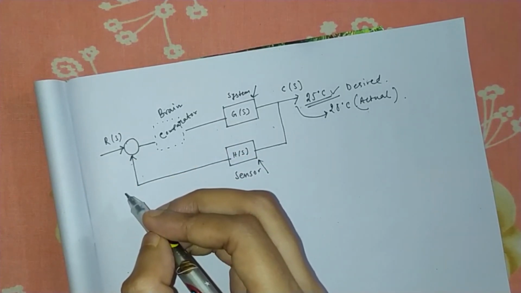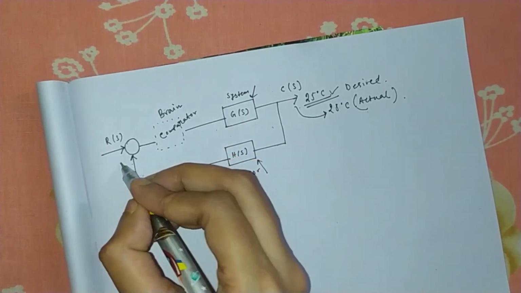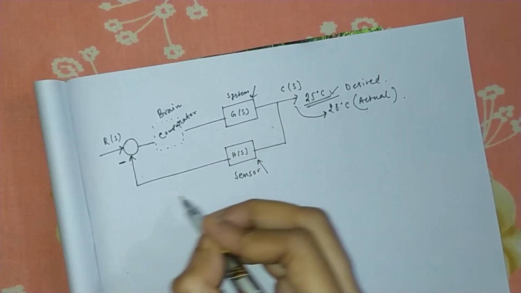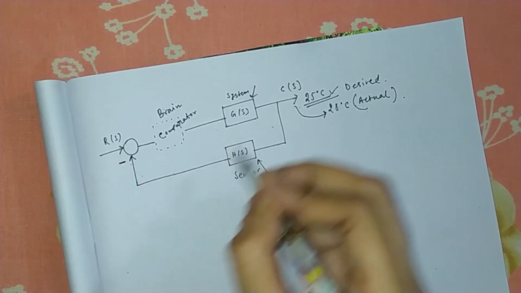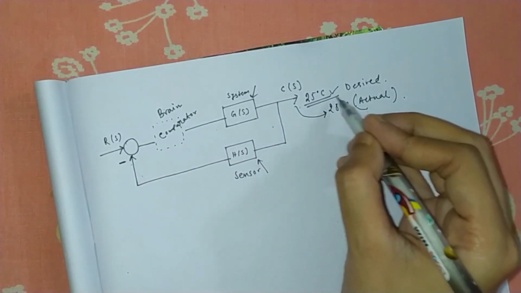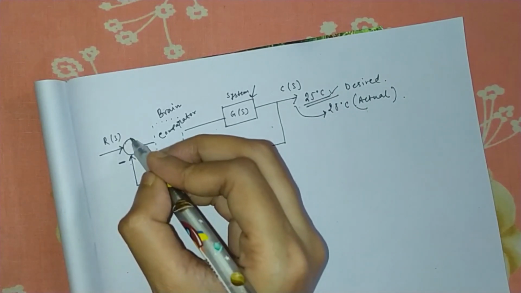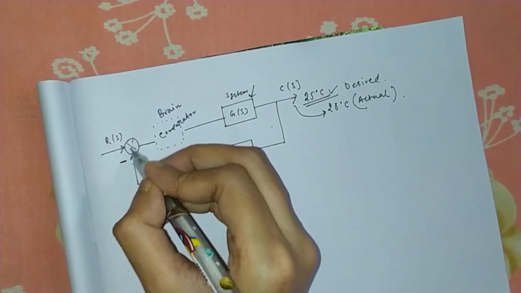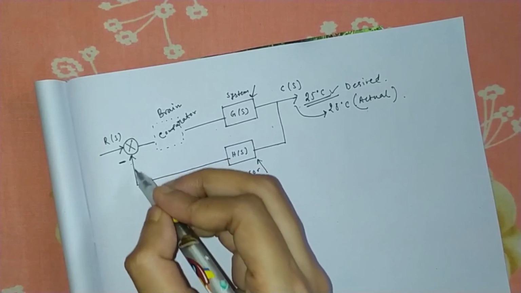Now I am talking about the negative feedback system. Why does negative feedback make the system stable? As this is a negative feedback, this 28 degrees is fed back into this summing block as negative.